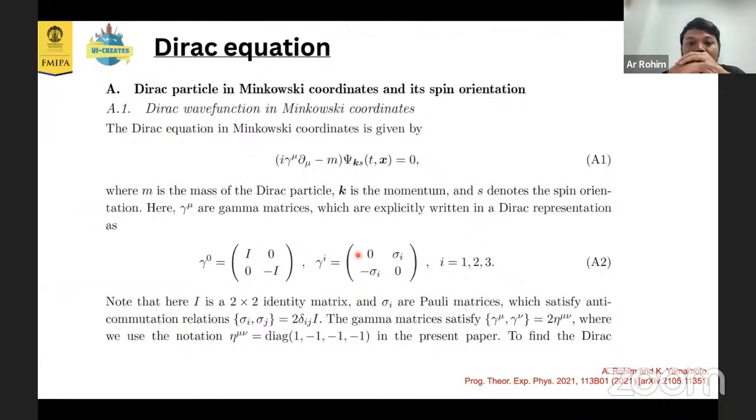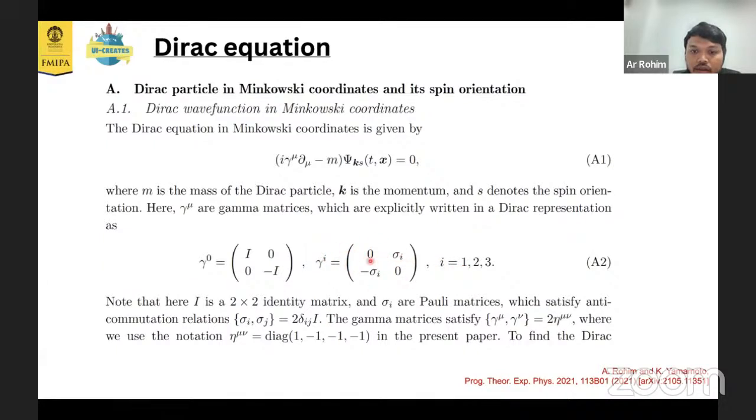And actually, there is an infinite set of gamma matrix representations. For example, if we use the gamma matrices in the Dirac representation, we will use this, and gamma 0 is equal to this one, and I here is the 2 by 2 identity matrix, and gamma i here corresponds to gamma 1, gamma 2, and gamma 3.